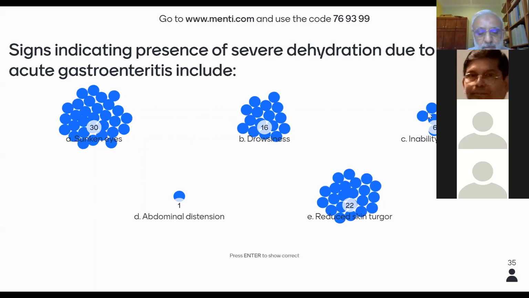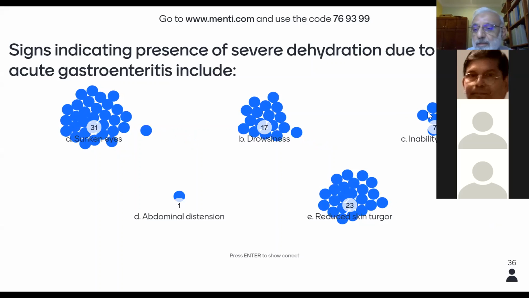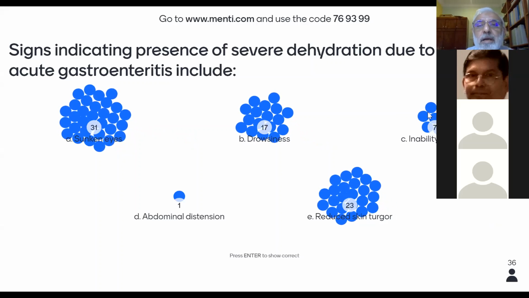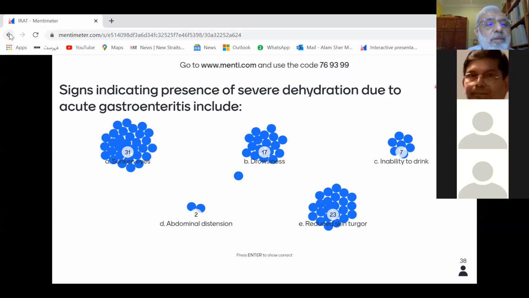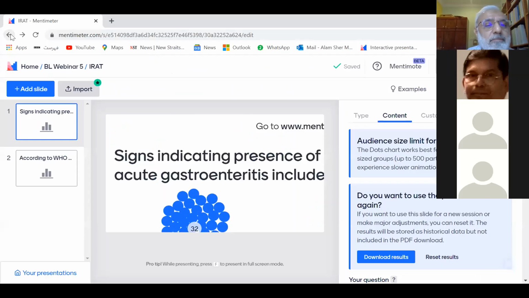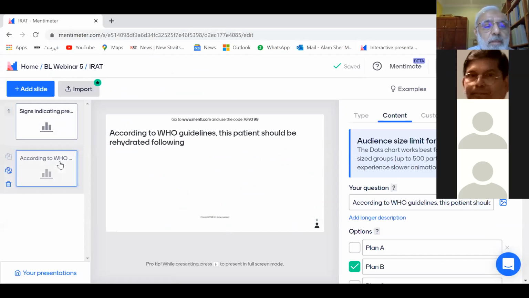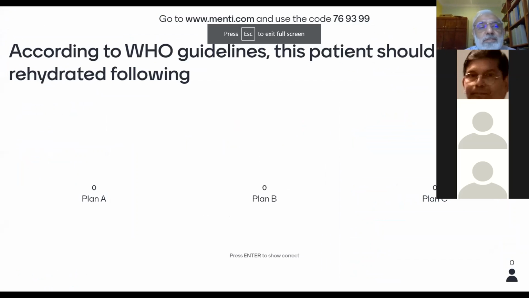After 35 people, 36 have responded, let me move on to the next question, which is at a higher level. So here is the second question.